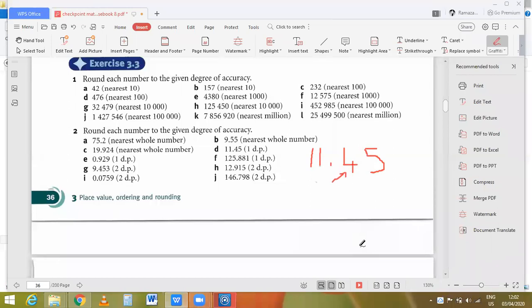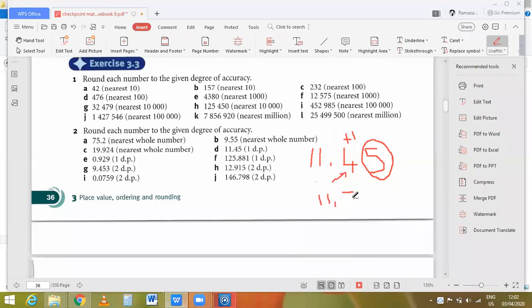But I need the decider. The decider is the number sitting next to it on the right. This is the 5. The decider tells us whether we go up or down. Since it's equal to 5, I will add one more.